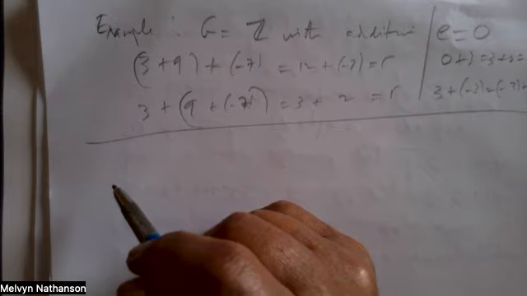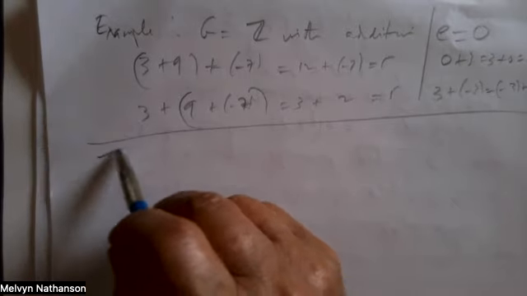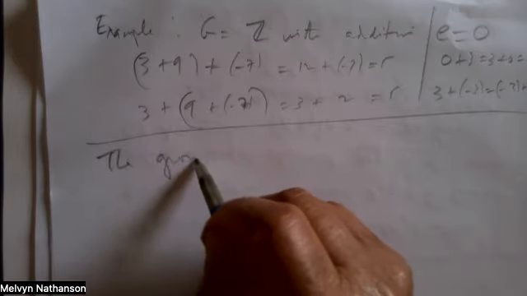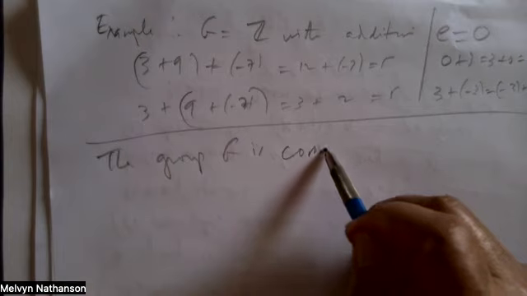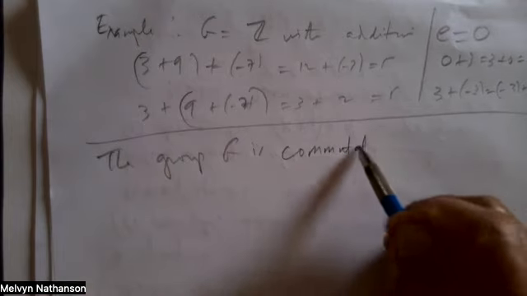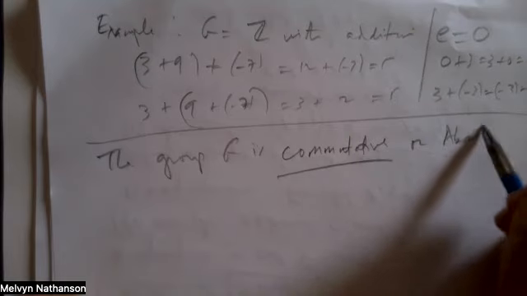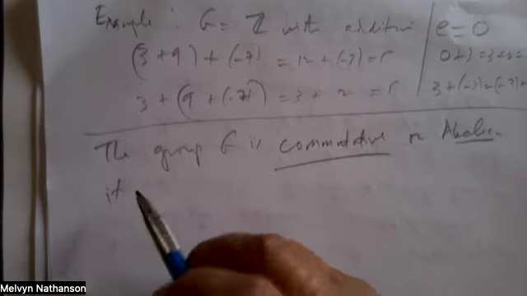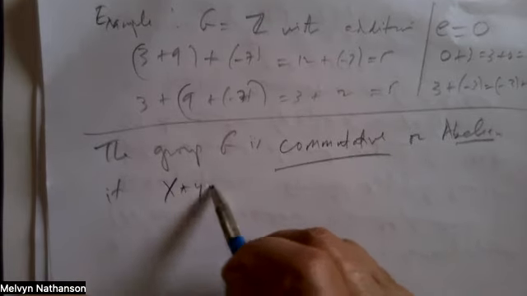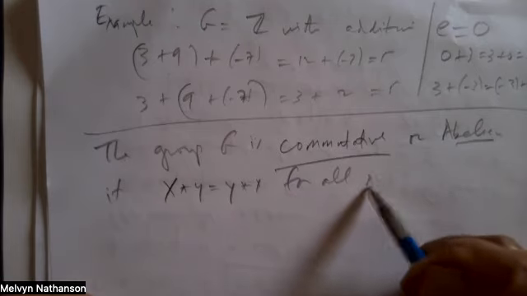Some groups, like the integers, also satisfy another property. We say that the group G is commutative or abelian, two words that are synonyms, if the order in which you multiply doesn't matter: x times y is y times x for all x and y in the group.